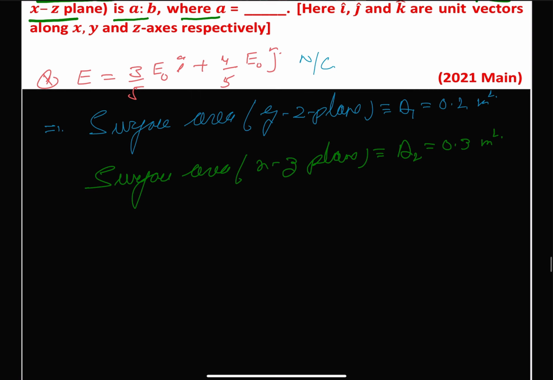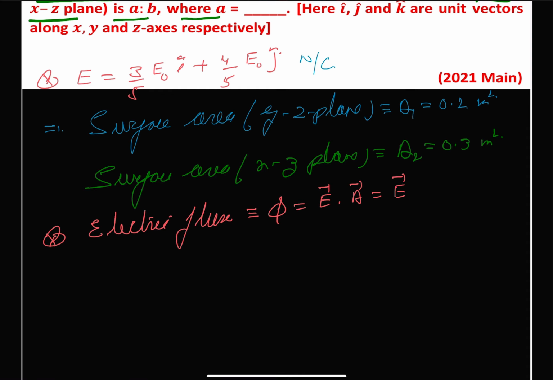So we can say our electric flux phi is equal to E dot A, or in terms of unit vector we can write this as E dot A n unit vector. Here the n unit vector is our representation of the area vector.